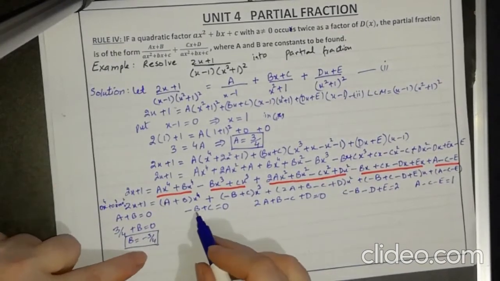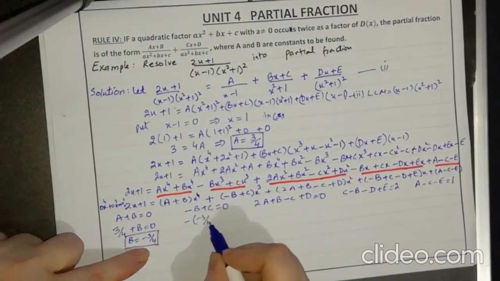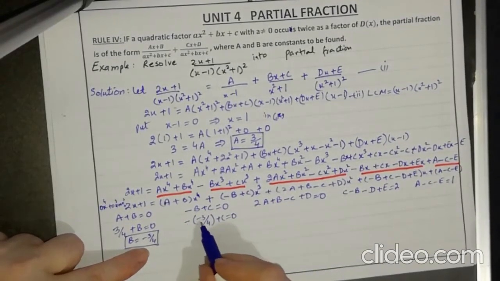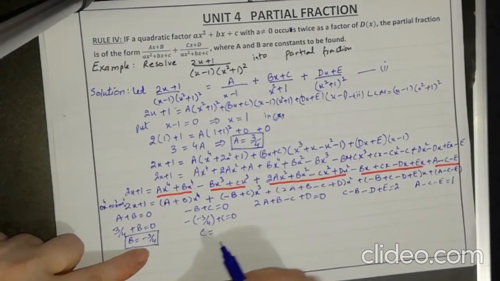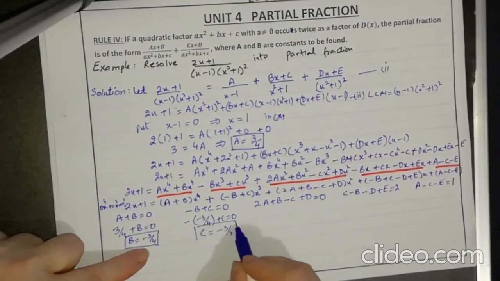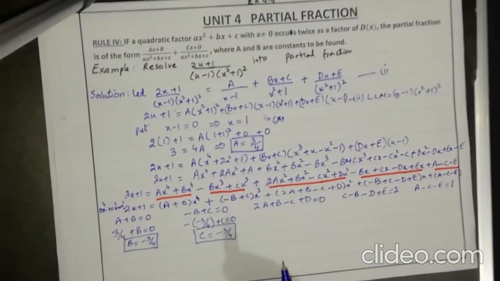Putting this value of b here to get the value of c: minus into minus 3 by 4 plus c is equal to 0, so plus 3 by 4. When shifted to that side, c is equal to minus 3 by 4. So the value of b is minus 3 by 4, and the value of c is also minus 3 by 4.